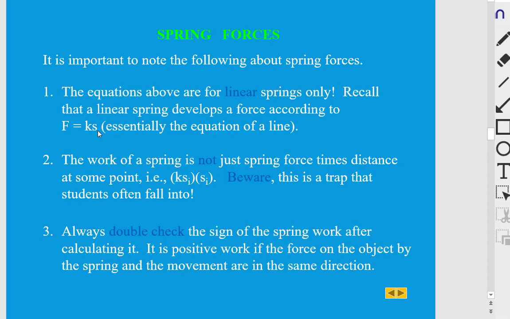Also make sure not to calculate the work of the spring by multiplying Ks by S. In fact, you have to do the integration, which will lead to half Ks squared. Also double check the signs of the work of the spring. Positive work if the force on the object by the spring and the movement are in the same direction.